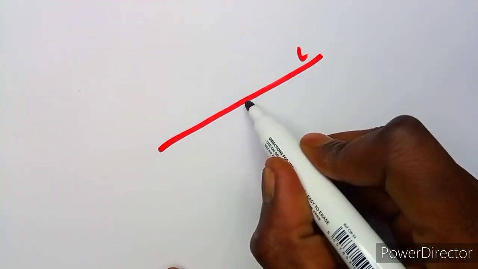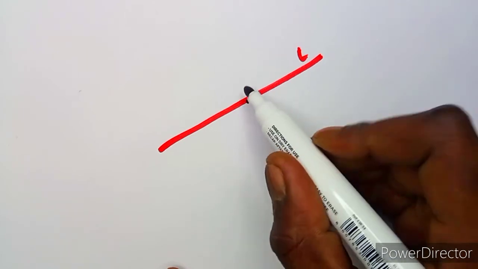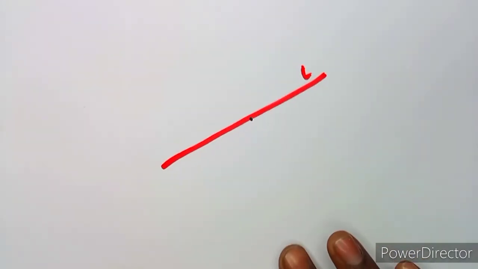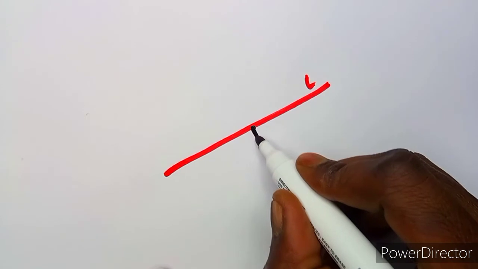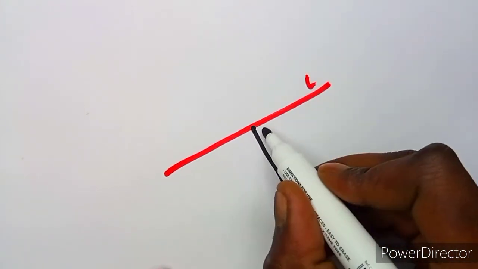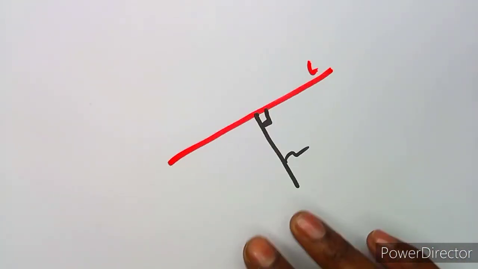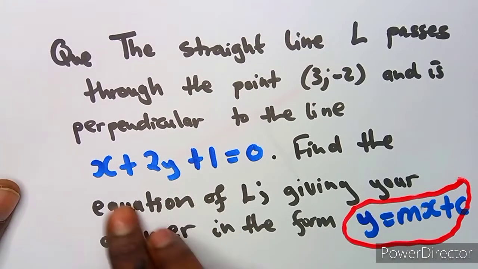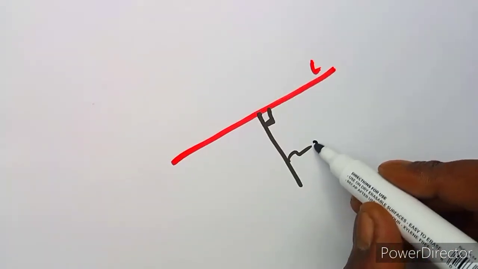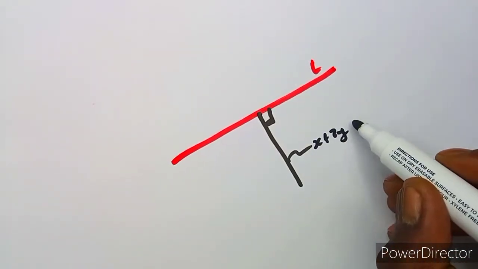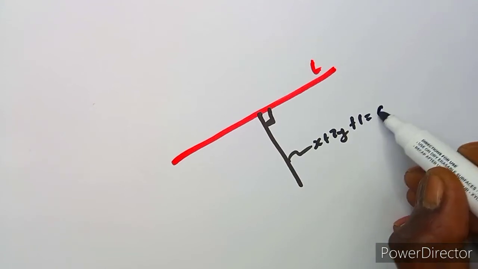Let's just say this is the line it is perpendicular to. This is the equation of the line, which is x + 2y + 1 = 0, like that.